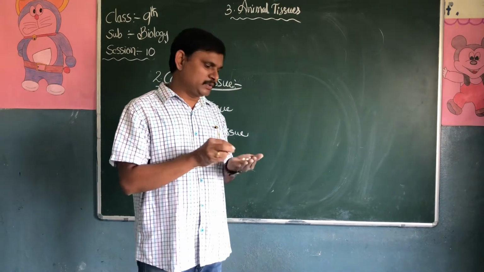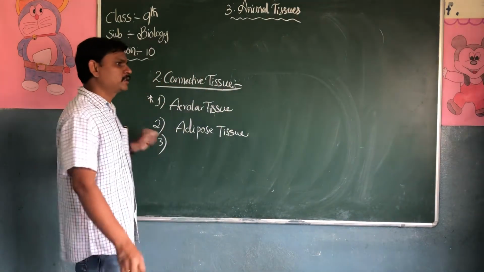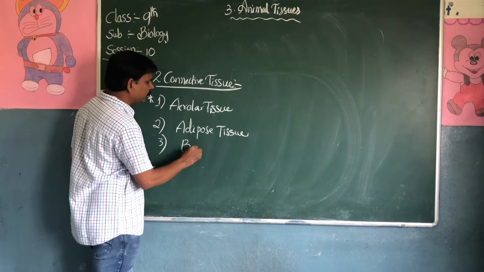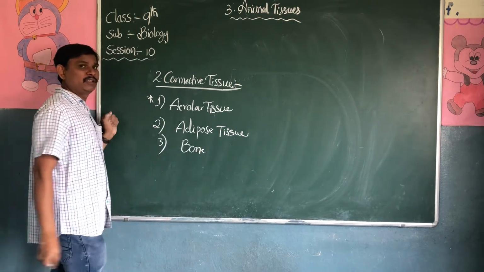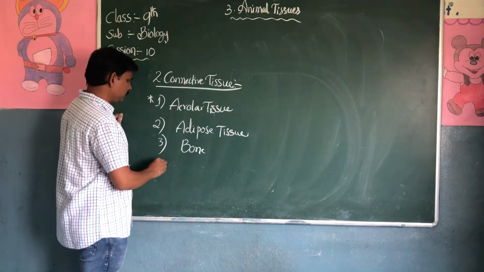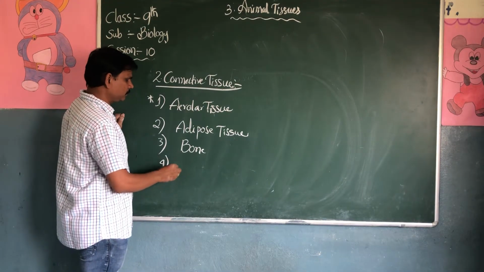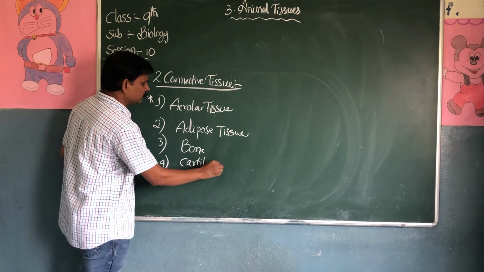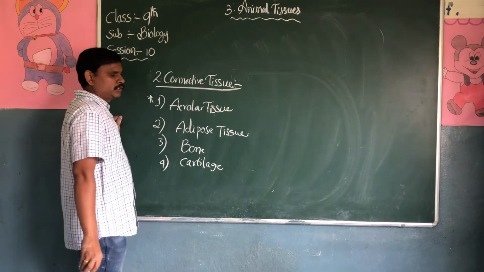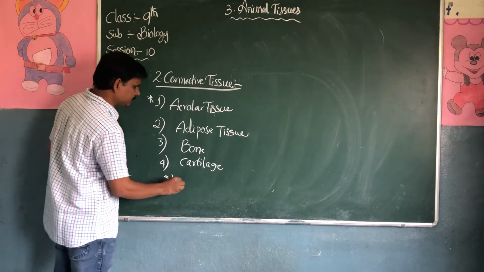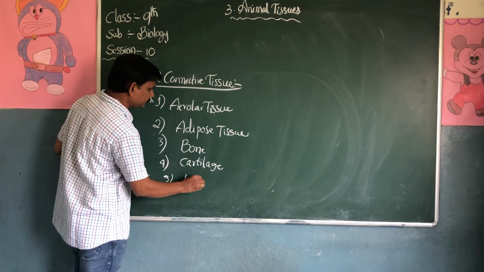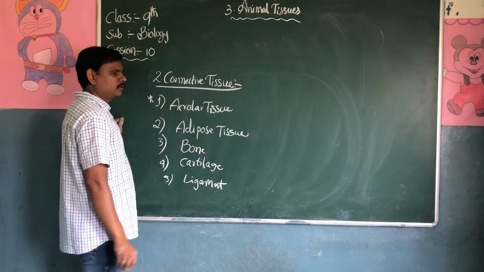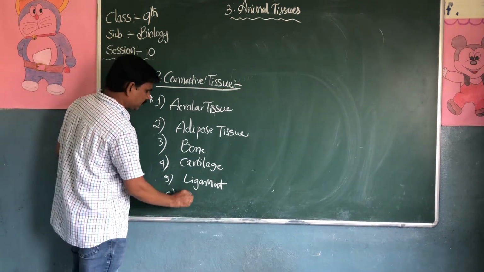We discussed that blood is a type of connective tissue; in the next class we will discuss blood in depth. Bone is also one type of connective tissue. In activity 4 we discussed bone. Cartilage is also one type of connective tissue. Ligament is also one type of connective tissue. Tendon.